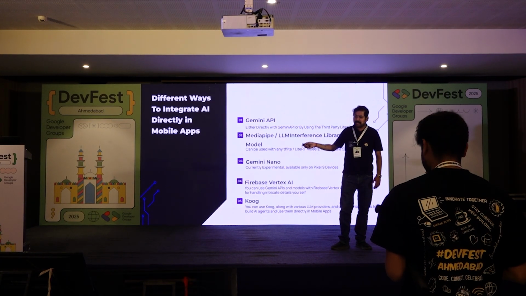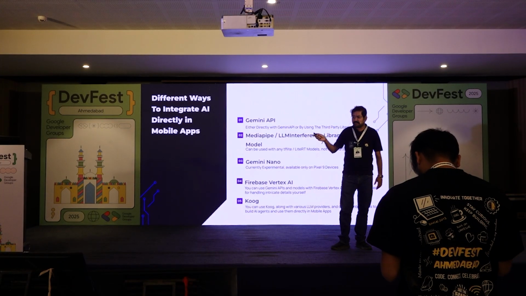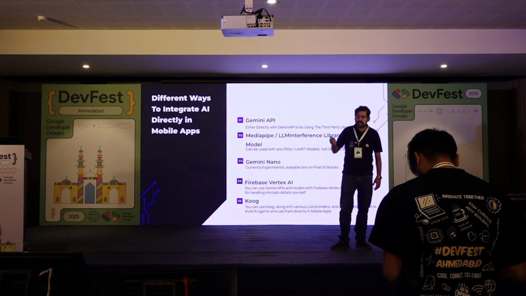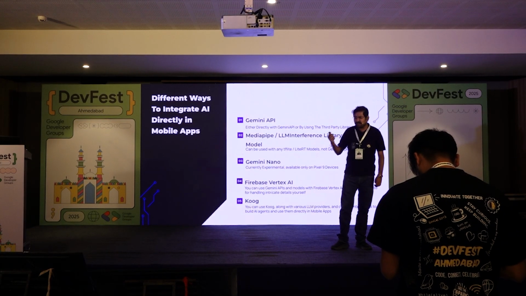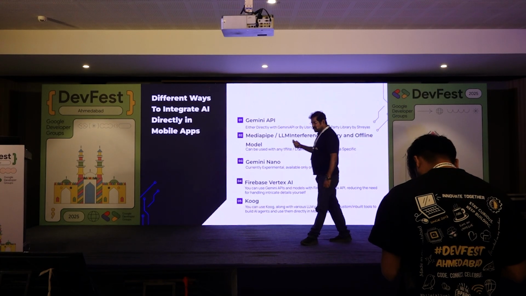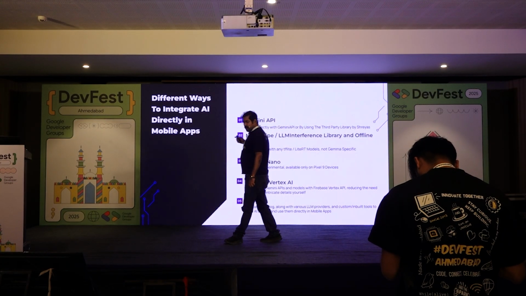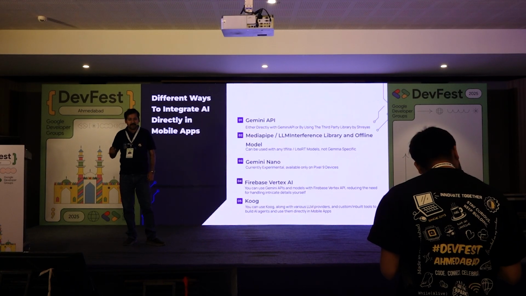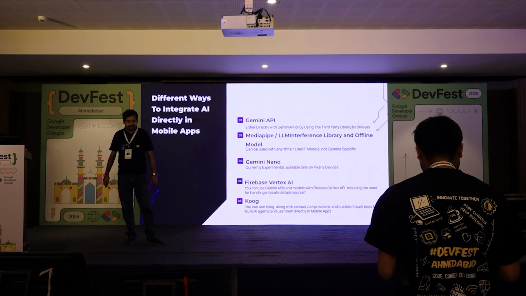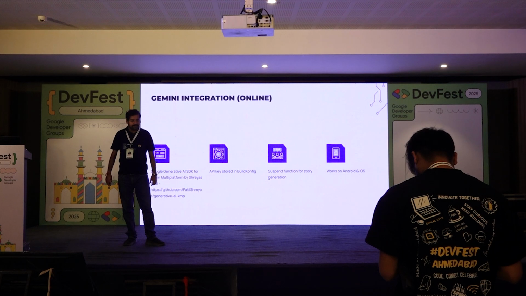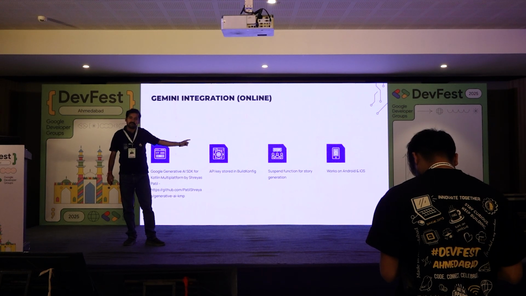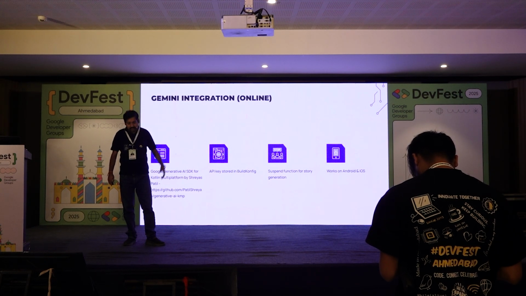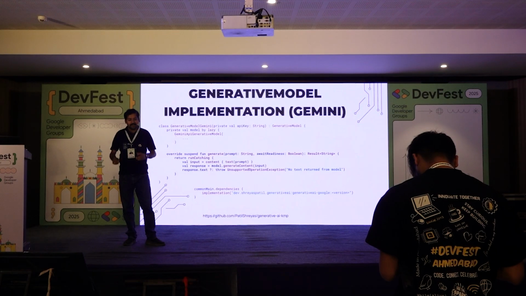So with the Gemini API, you can either directly call it, but I am using a tool or library developed by another GDE, Shreyas Patil, and we'll talk about MediaPipe and Gemini Nano as well. So yeah, this is the GitHub. You can follow it. This is the tool I'm using, and this is all the code you need, right?